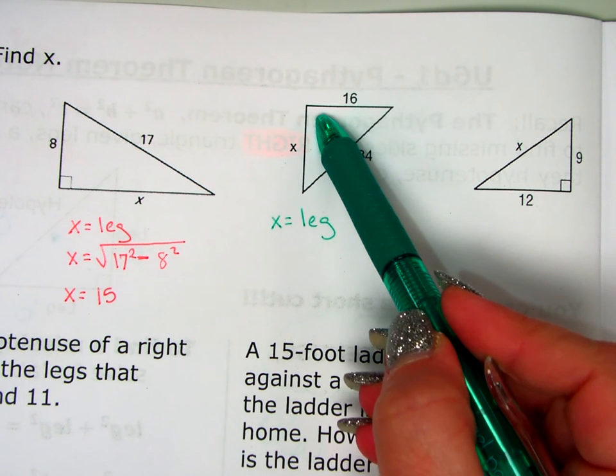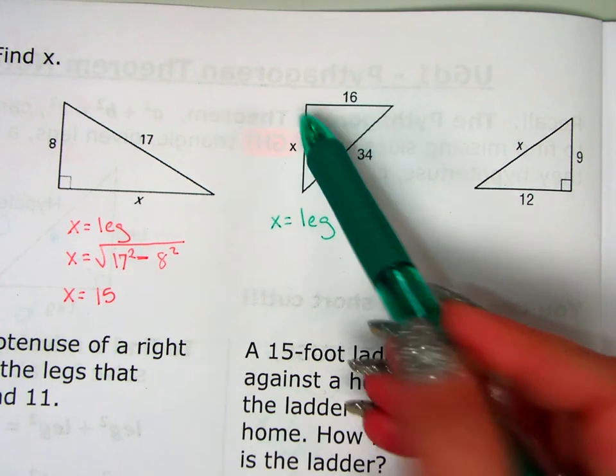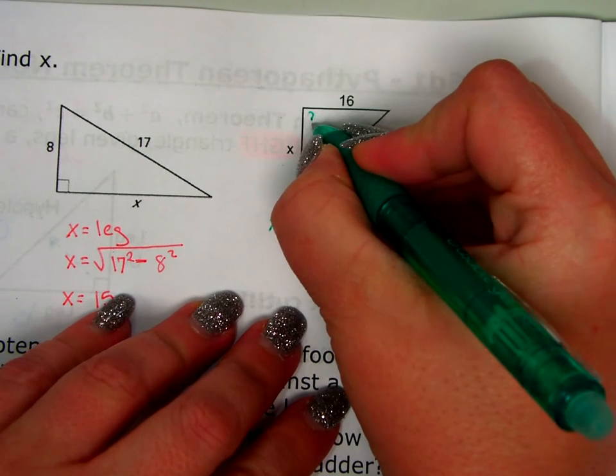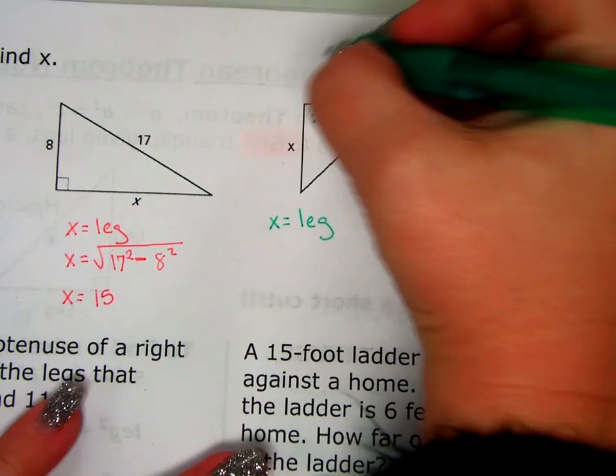And we know a lot of times our pictures are not to scale, so we are not allowed to assume that for sure is a right angle. We don't know what this is. So technically this triangle, we can't find that third side. We can say it's between the difference of 16 and 34 and the sum of 16 and 34. It has to be somewhere between the difference and sum of the other two sides. We learned that near Thanksgiving. But unless we know that's a right triangle, we can't actually find x.